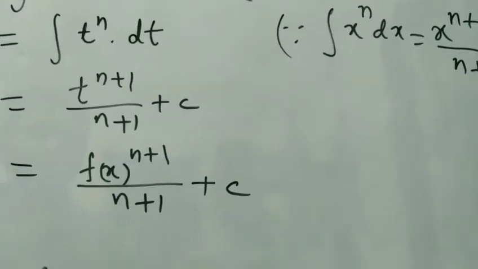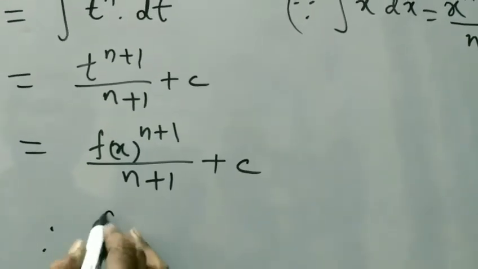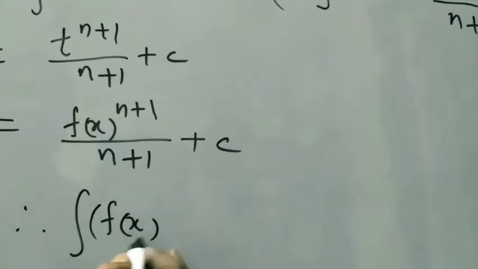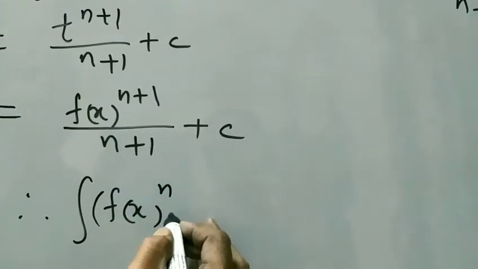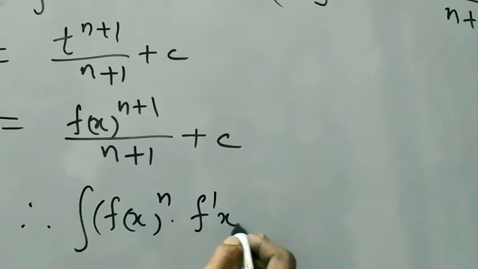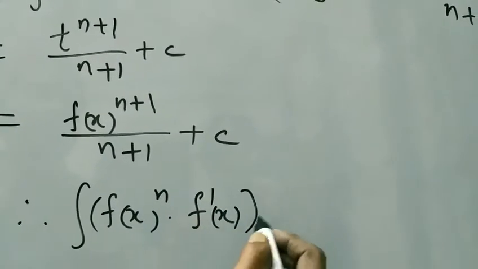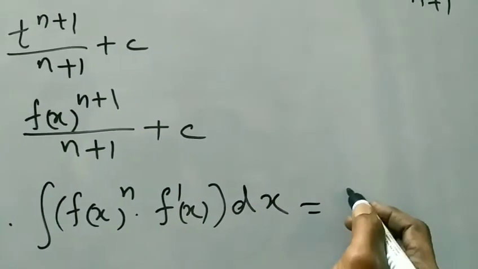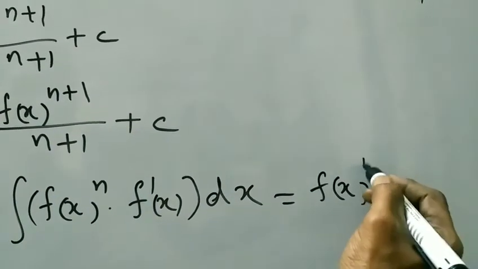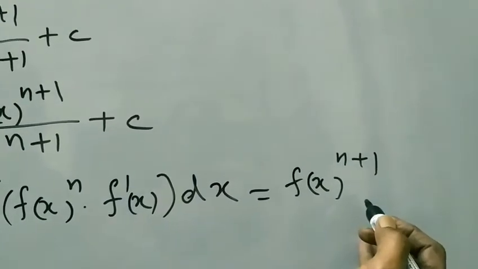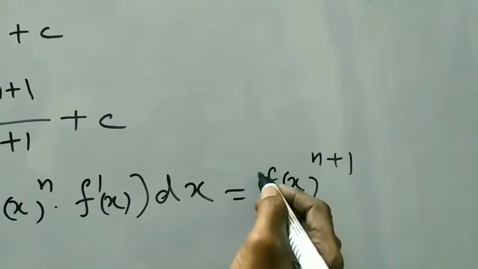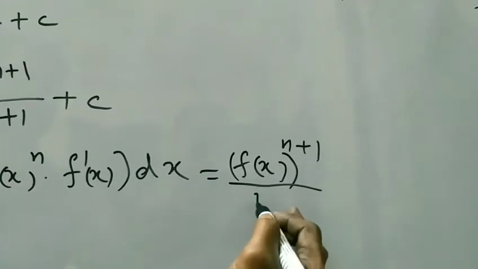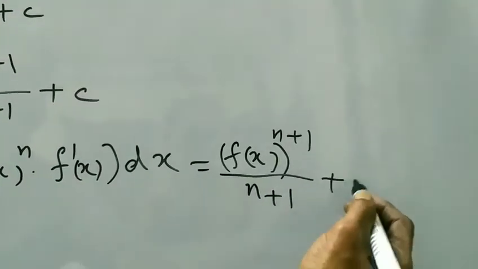Therefore, integral of f of x whole to the power of n into f dash of x dx is equal to f of x whole to the power of n plus 1 by n plus 1 plus c.